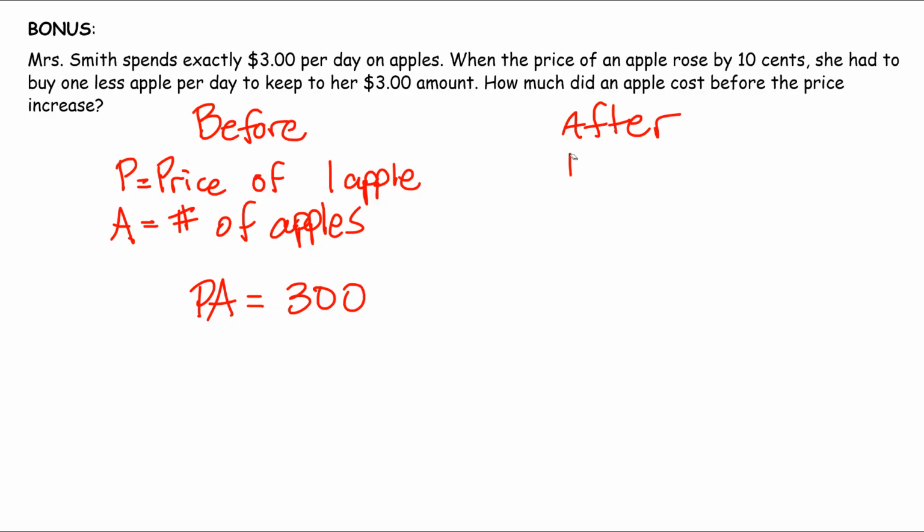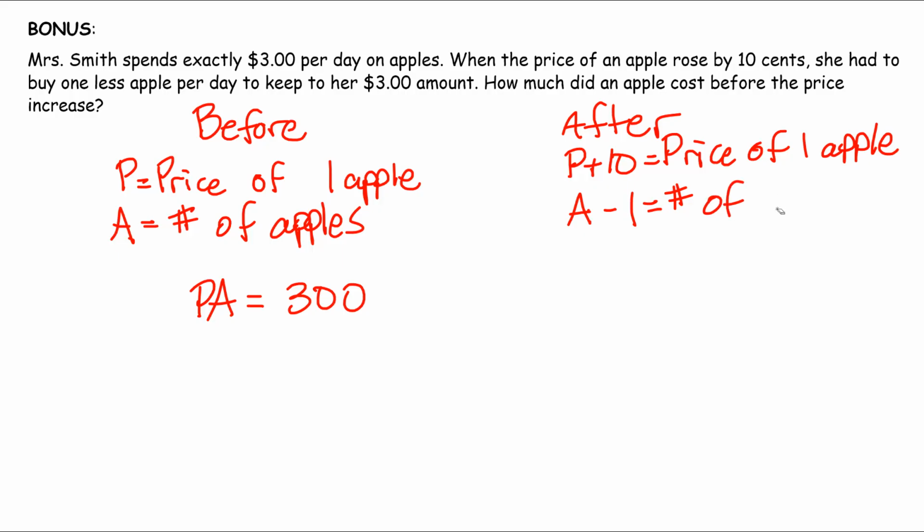So it's not P anymore. It's P plus 10 is the price of one apple. And the number of apples she buys now is one less than it used to be, A minus 1. That's the number of apples she's buying now.